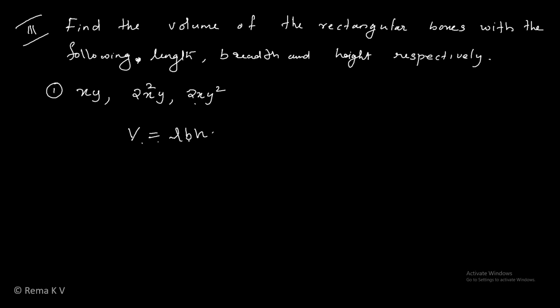Volume of a cuboid is equal to length into breadth into height, which is equal to xy into 2x square y into 2xy square. What about the answer here? Multiplying all these three terms, three monomials.